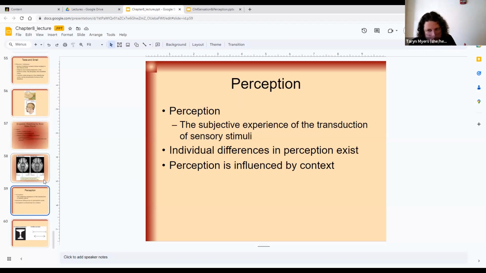And perception is basically your subjective experience of the stimuli after they're into your brain. And it's influenced by context, but why do you all think we spend so much time and pages focusing on sensation and then so little about perception?